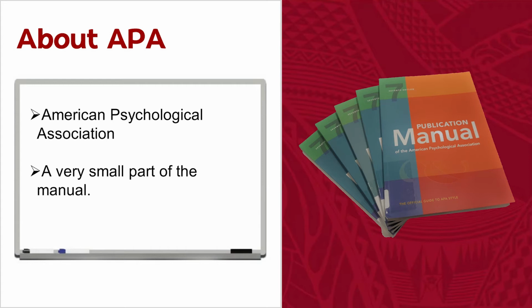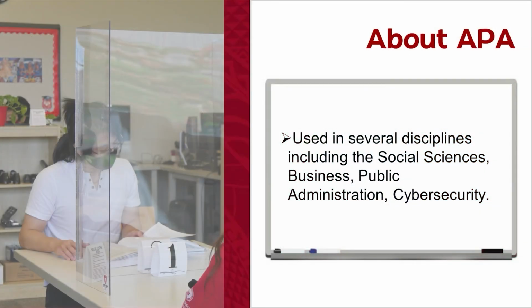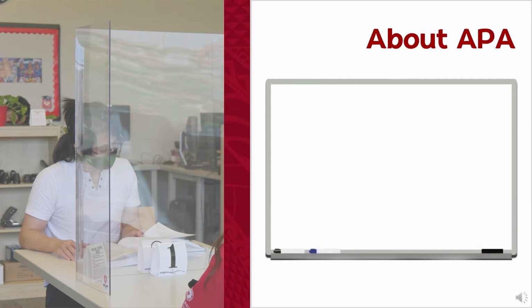APA is one of the most frequently used styles and is common in many disciplines, including the social sciences, business, public administration, education, information technology, cybersecurity, and nursing. There are many different types of publication manuals.